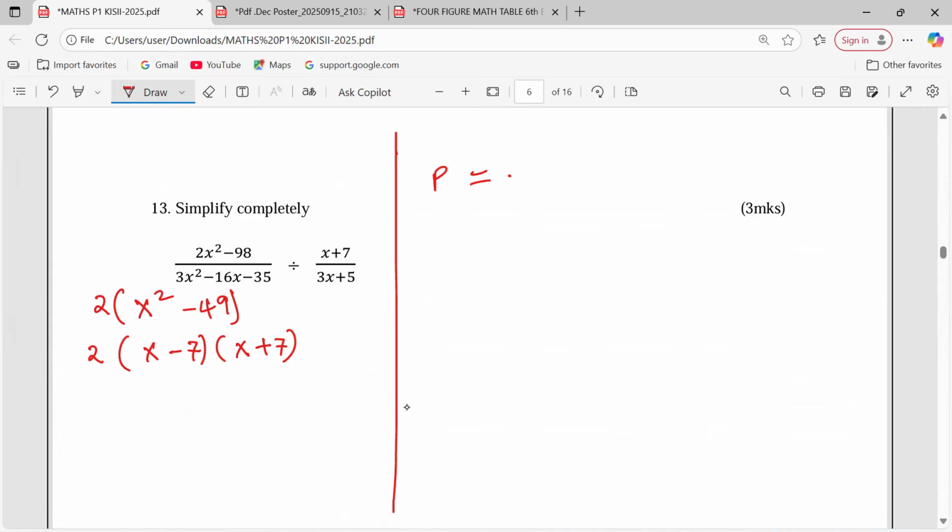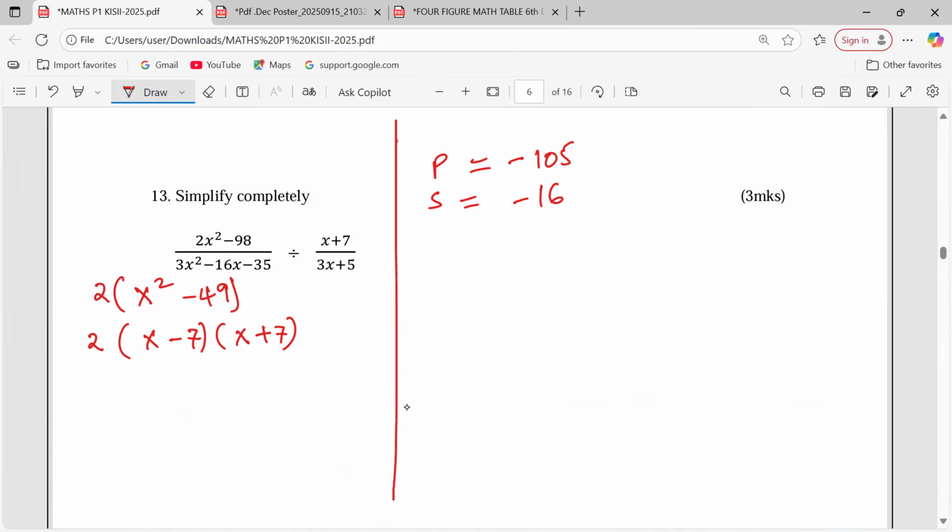That is negative 105. Then a sum equal to the value of b, which is negative 16. Now, let's look at the two factors which, when multiplied, give us negative 105. When added, they give us negative 16.